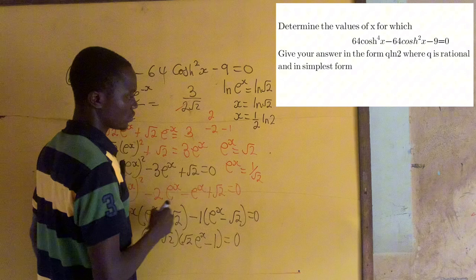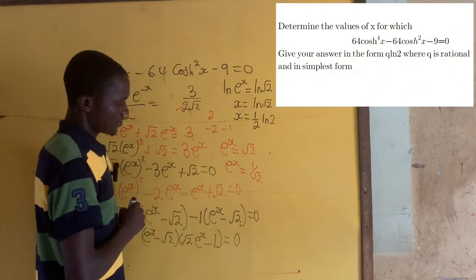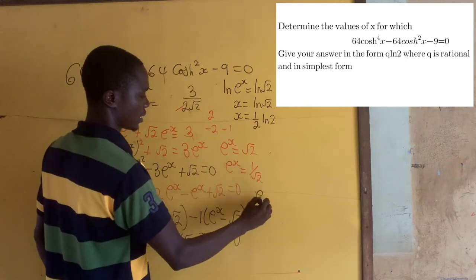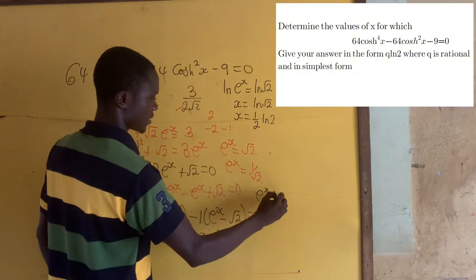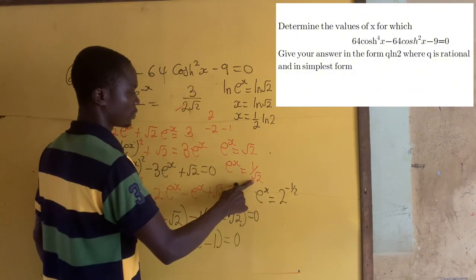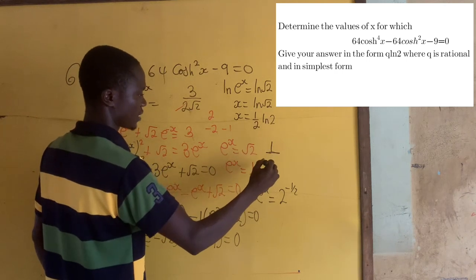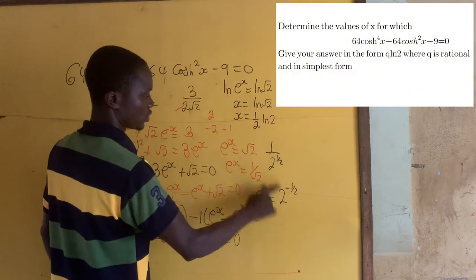Then it means I have to do this one too. This one too will be e power x equals 2 to the power negative 1 over 2, because 1 on 2 exponent half gives us this.